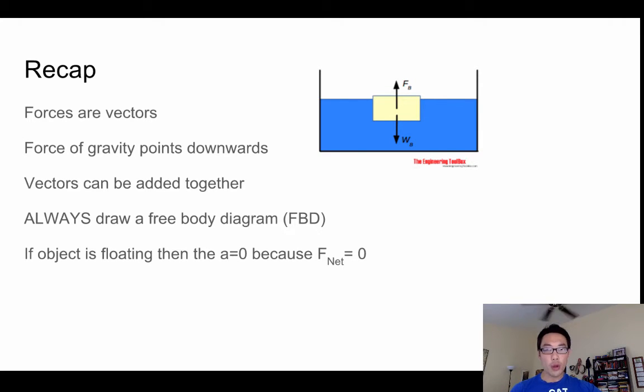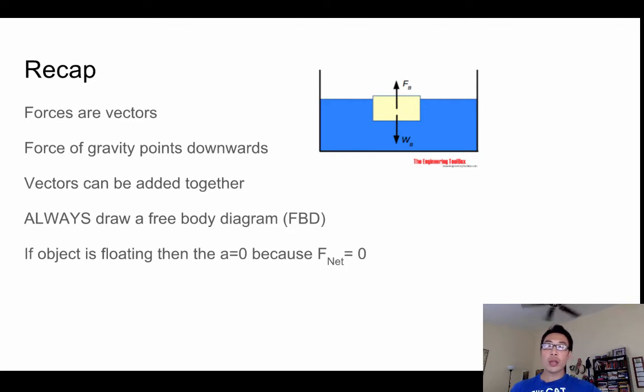If an object is floating, whether it's floating underwater or in the air, the acceleration is equal to 0 because the net force acting on that object is equal to 0. For example, in the little illustration on the screen, we can see that there are two forces, and we can assume that the object is floating.